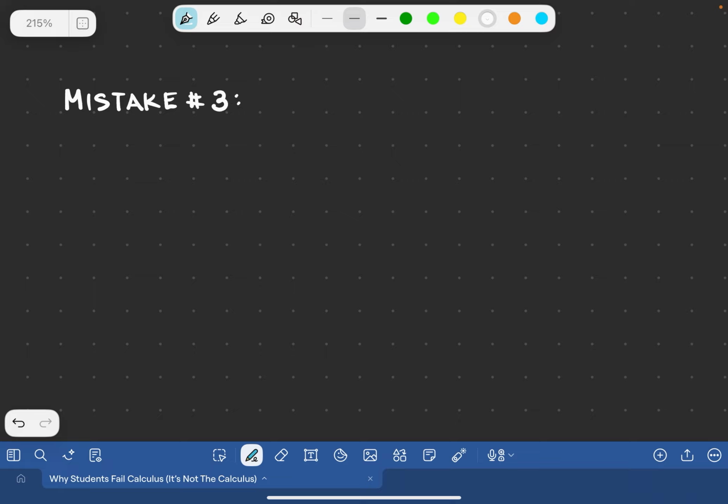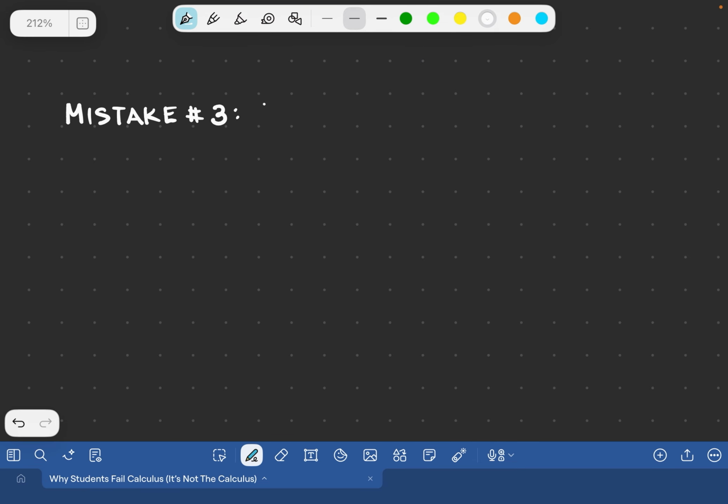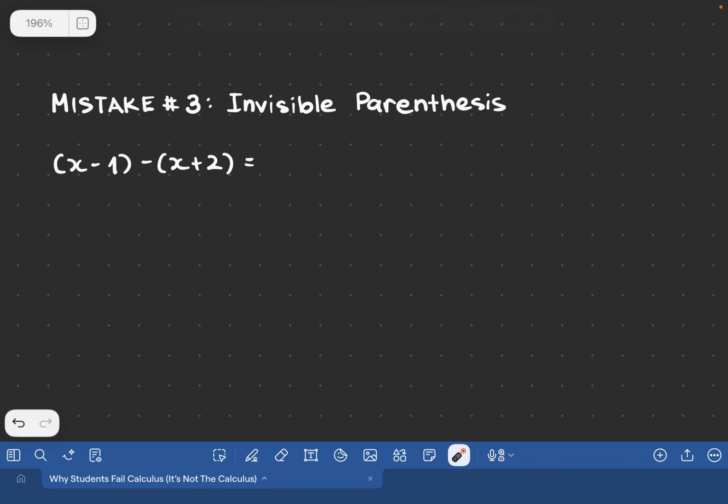So we have here mistake number 3. This third mistake, I coined it, or I named it, invisible parentheses. Another common one. So suppose we have like this expression out here. A common mistake of students is that they omit or forget the parentheses.